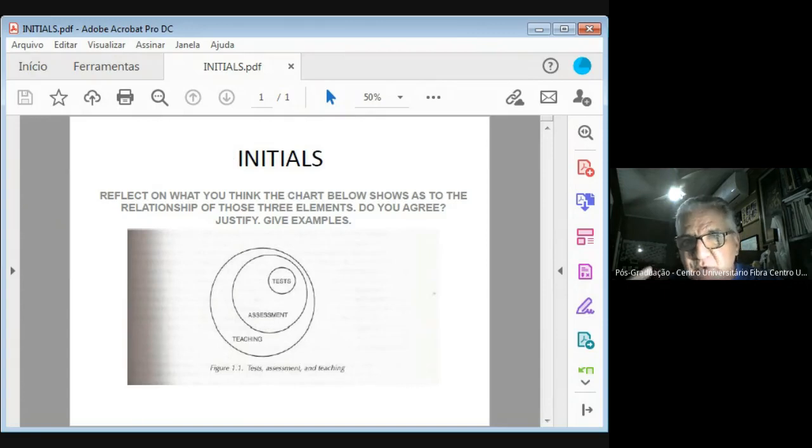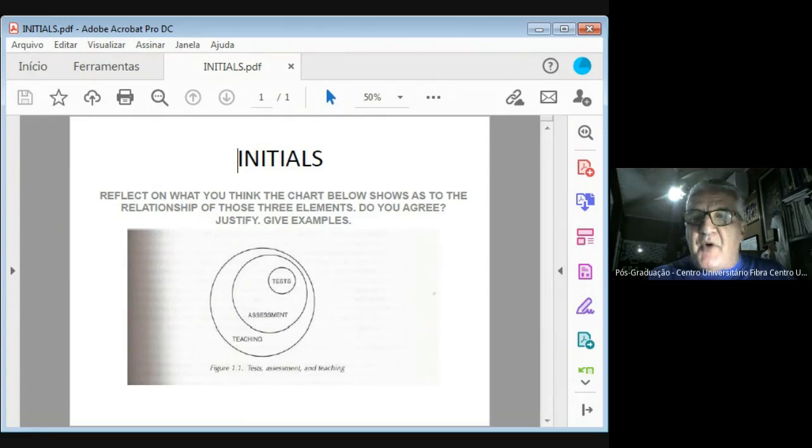One of those elements is evaluation. So assessment, okay, is the action of thinking, is the action of reflecting on the process. And the process involves both the teacher and the student.